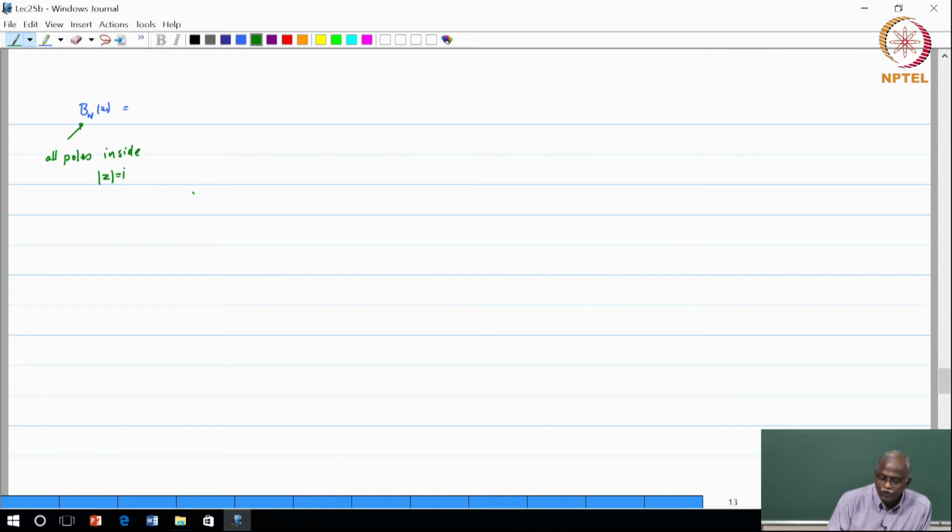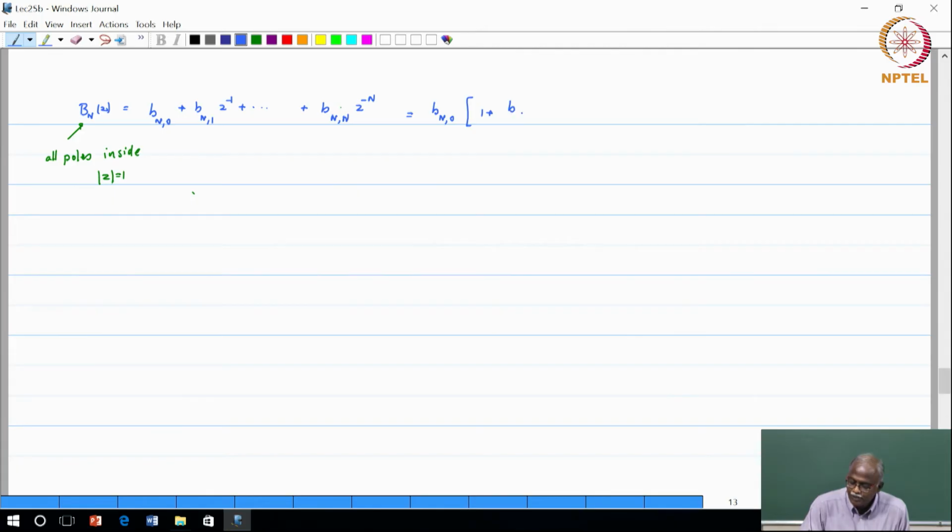Okay. So, now Bn of Z, we have written it down as Bn comma 0 plus Bn comma 1 times Z inverse dot dot dot plus Bn comma n Z power minus n. If I factor out Bn comma 0, again may seem like a trivial step, but it is very important in the overall.